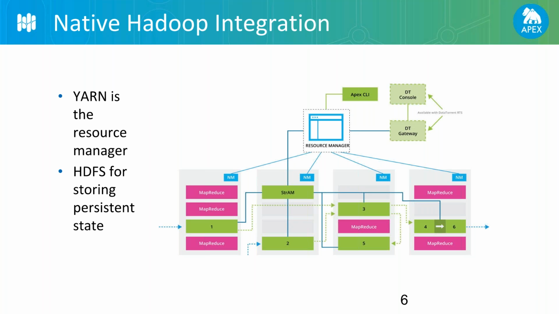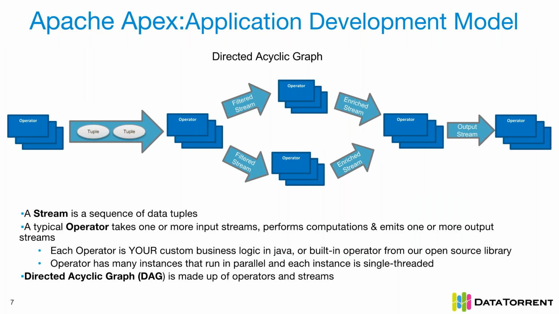Out of that, 3 and 5 reside on the same node, so you can consider them node-local operators. Meanwhile, 4 and 6 reside in the same container, so they can be either container-local or thread-local, which helps you tune your application according to your low latency requirements. Are there any questions as of now?